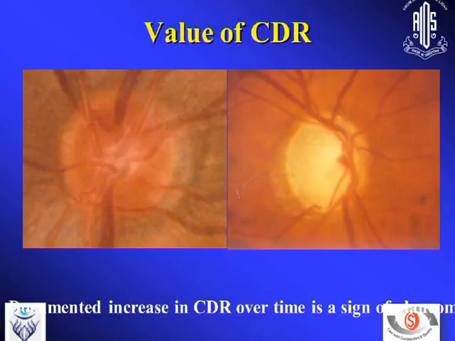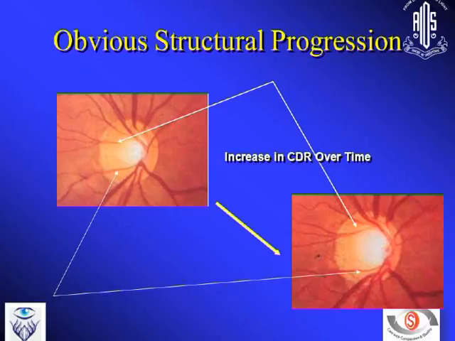Now, this is one of the disc photographs, and you can see the vessels, the inferior vessels, the bending here, and then after 3 years you can see it is here. The inferior rim has thinned out, the cup disc ratio has increased. This is definite structural change over a period of time, even if visual field is normal.